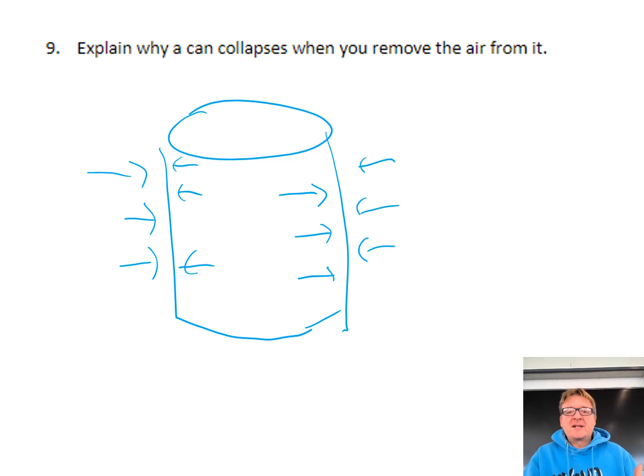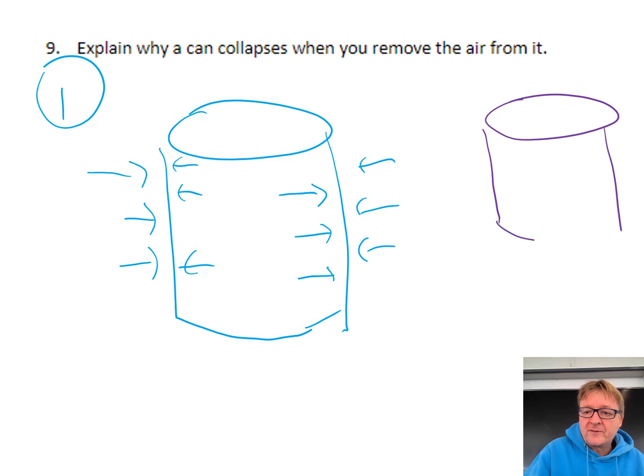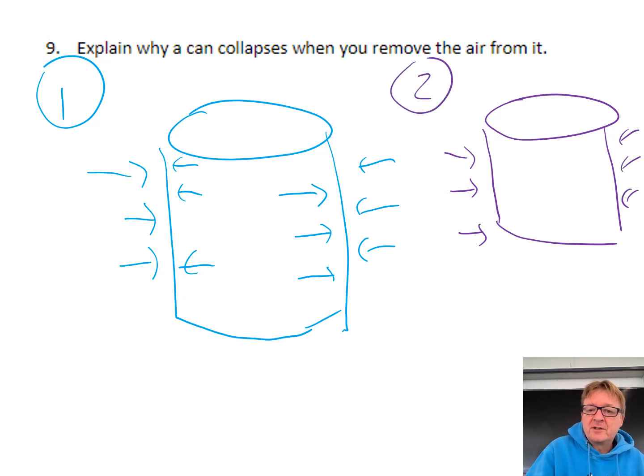Right, and when it is equal, that is kind of like stage 1. Then, if you take all the air out of it, I've got no air inside, but I've still got force or pressure on the outside. And that pressure on the outside, number 2, makes it collapse.